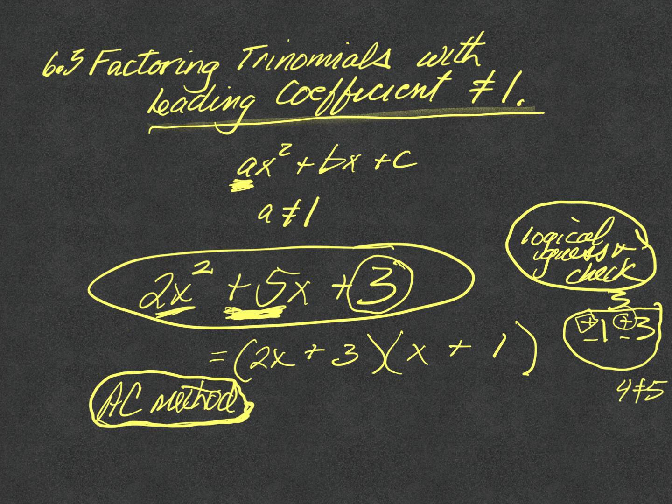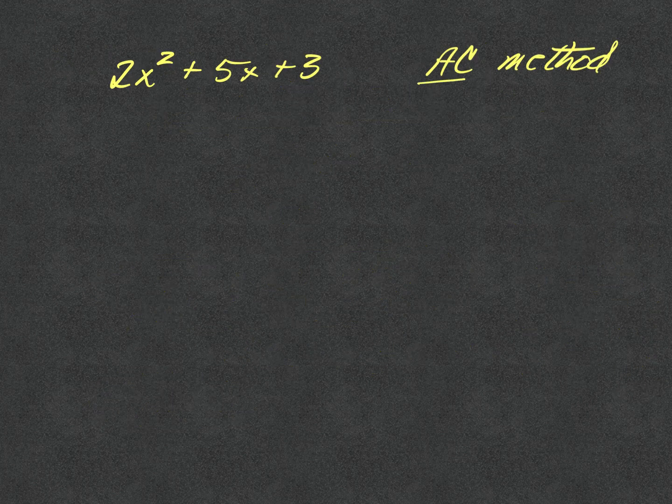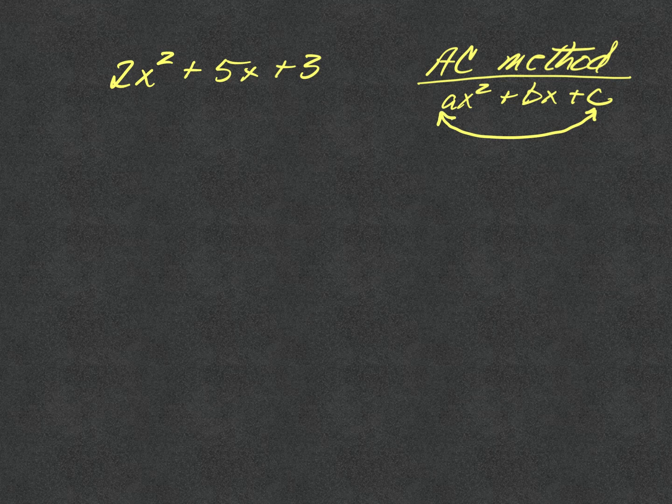All right. So I learned the AC method while I was teaching algebra many, many years ago in the 1980s, if you can believe it. When you look at the quadratic you're trying to factor, ax squared plus bx plus c, the AC method refers to the leading coefficient and the constant term.